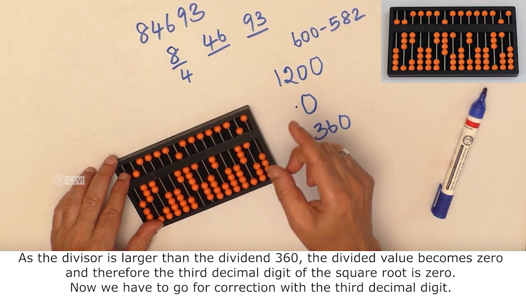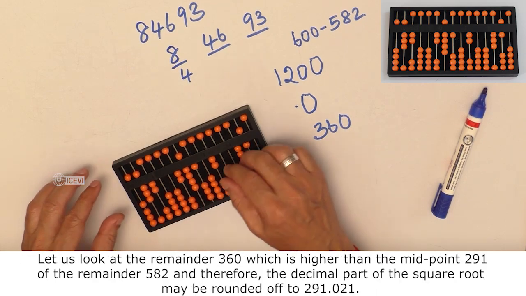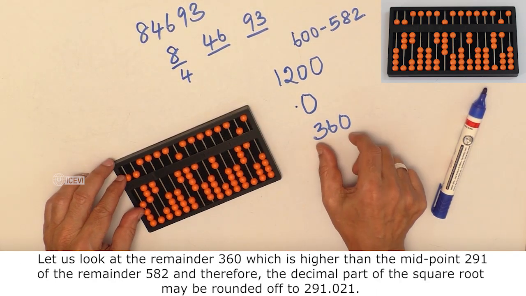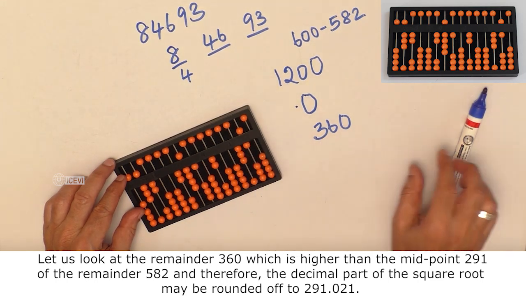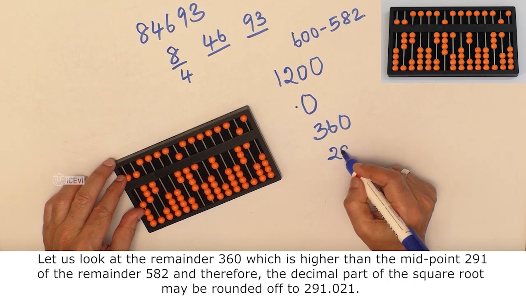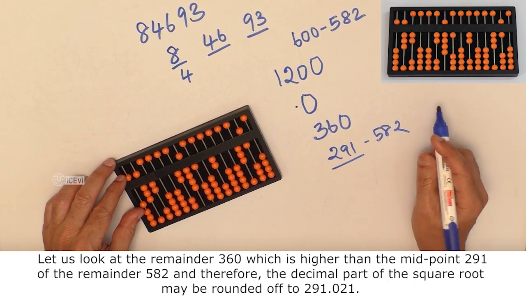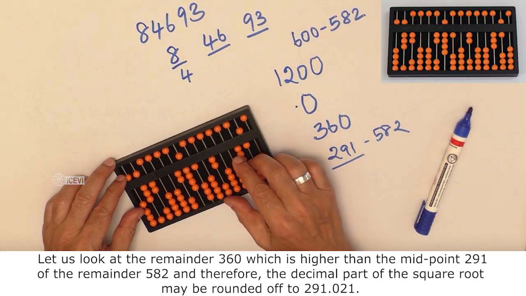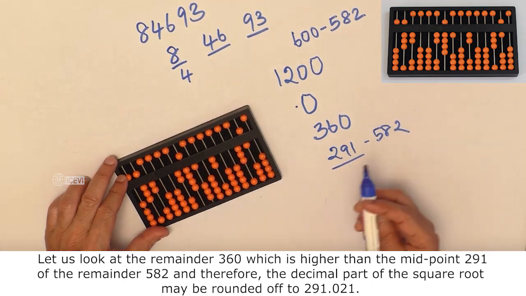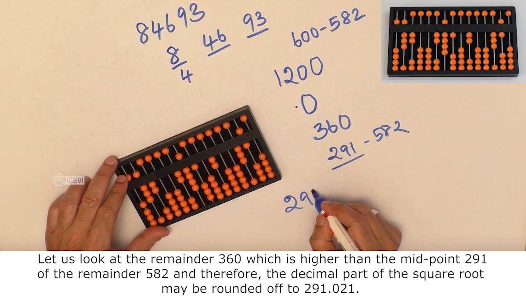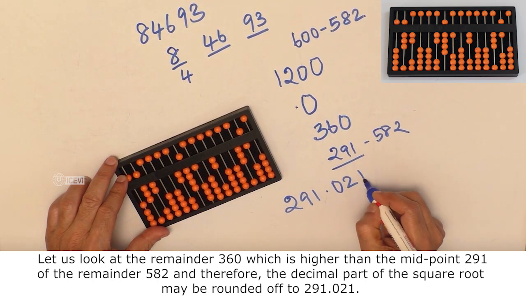Now we have to go for correction with the third decimal digit. Let us look at the remainder 360, which is higher than the midpoint 291 of 582, and therefore the decimal part of the square root may be rounded off to 291.021.